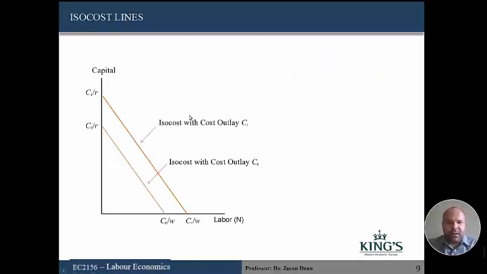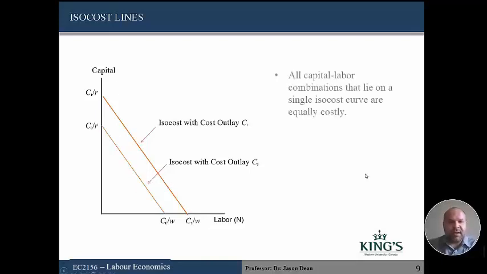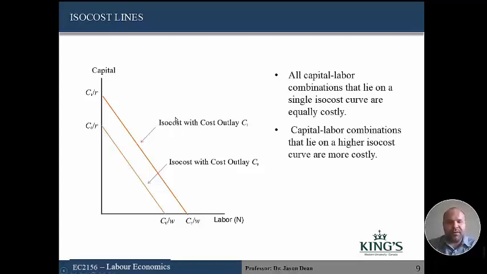So these are what they look like. They're straight lines. So this isocost line represents all of the combinations of capital and labor that result in a cost of C0. And similarly for this isocost line, these are all the combinations of capital and labor that result in an outlay of C1. Okay, and as you move in a northeasterly direction, each cost line represents higher and higher cost.